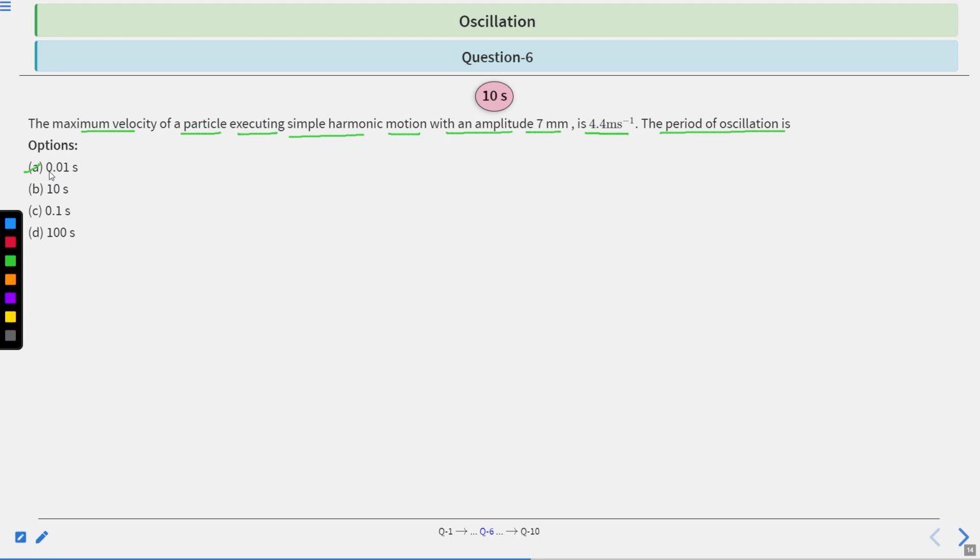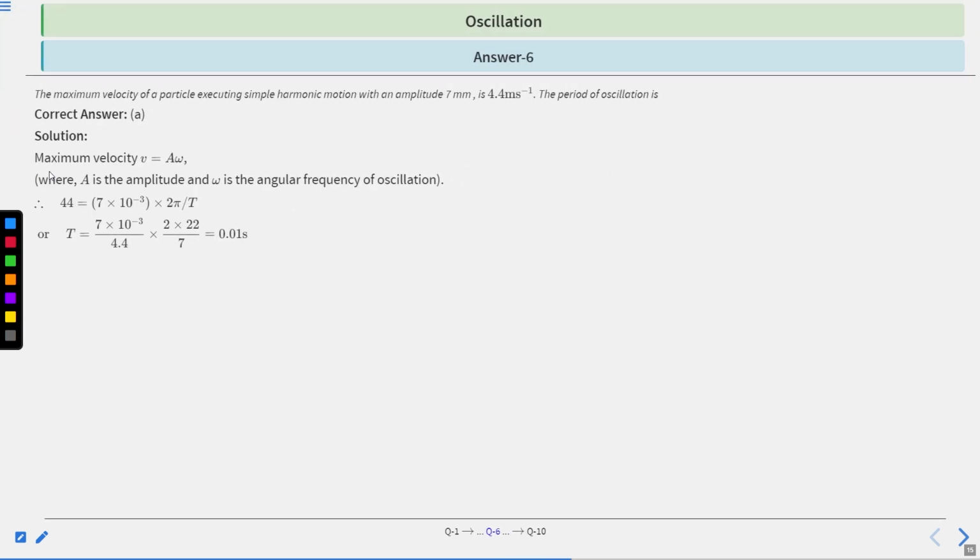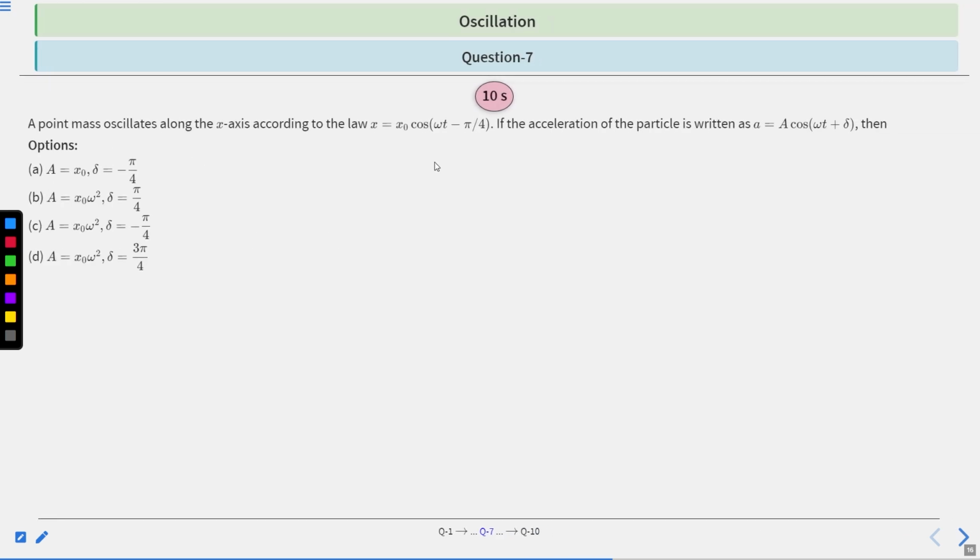Next question, Question 7. A point mass oscillates along the x-axis according to the law x equal to x naught cos of omega t minus pi by 4. If the acceleration of the particle is written as a equal to A cos of omega t plus delta, then which relation is correct?